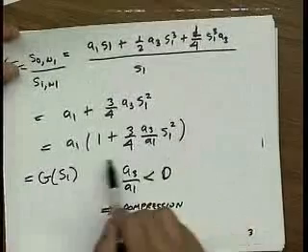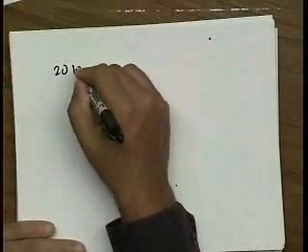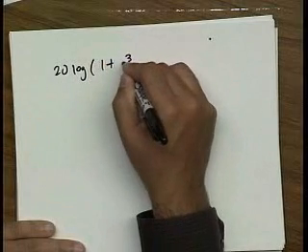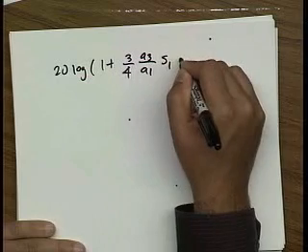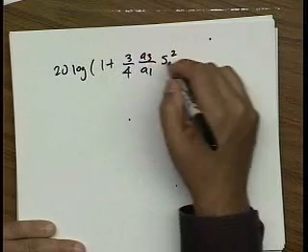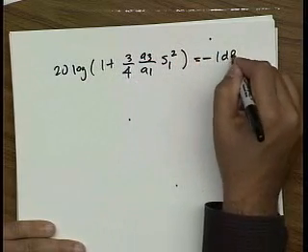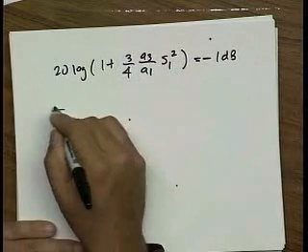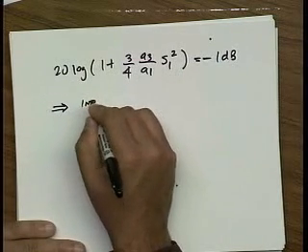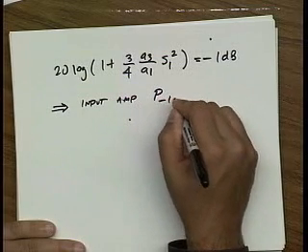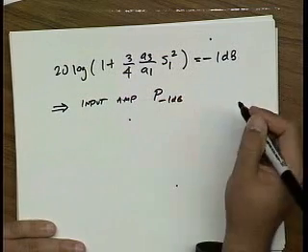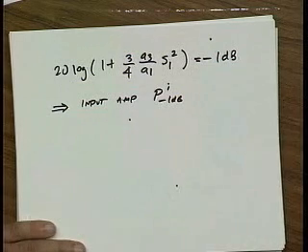So when 20 log of 1 plus 3/4 A3 over A1 S squared is equal to minus 1 dB, that corresponds to the input amplitude, which we called P input minus 1 dB.